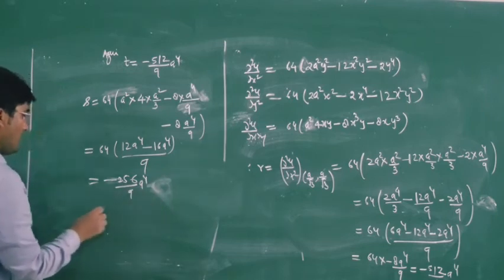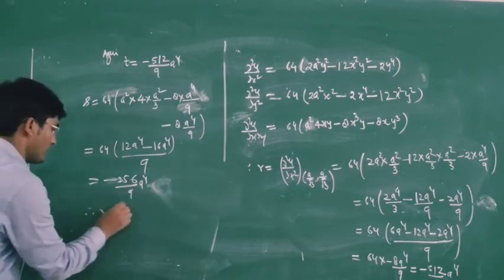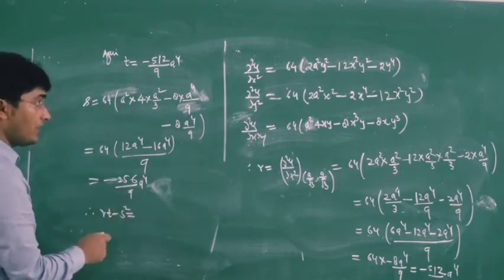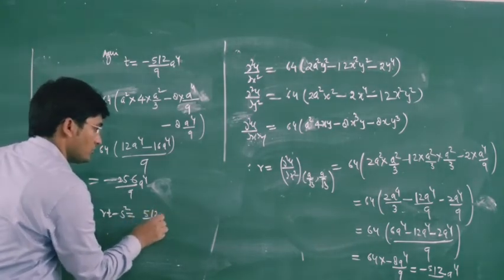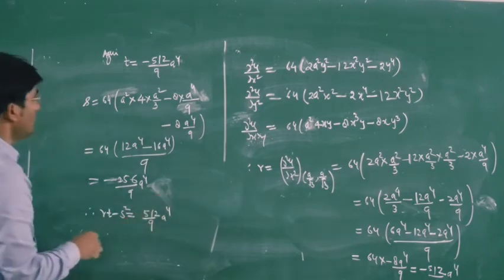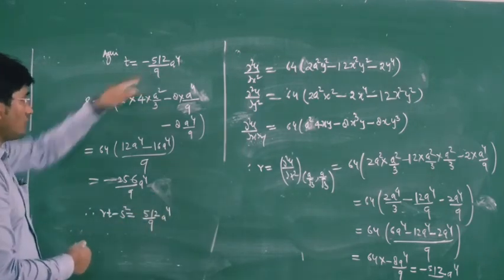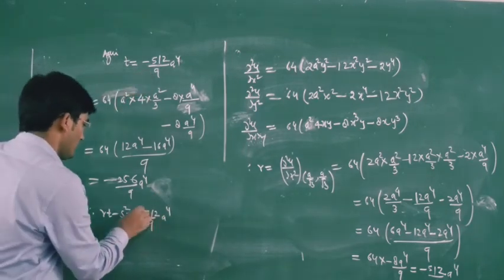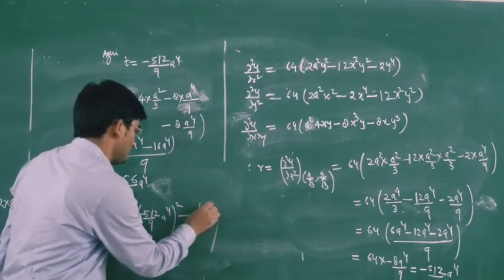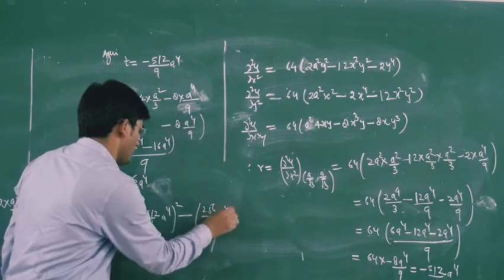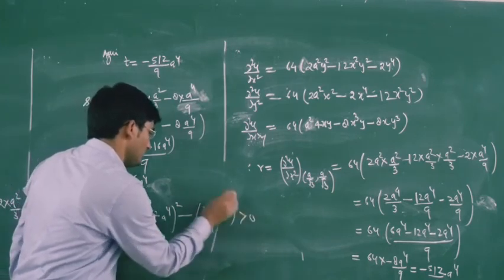So therefore your rt minus s² is equal to r into t. So 512 into 9 a⁴, and again your t is this one, so this will be the whole square of this one minus s², 256 upon 9 a⁴. So we can say that this is positive.